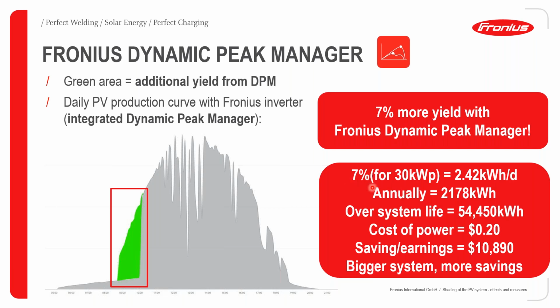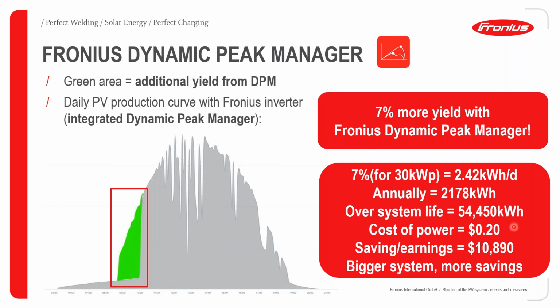So 7% more yield in this 30 kilowatt installation would guarantee you an extra 2.4 kilowatt hours per day. If you spread that over the period of 1 year, that means about 2,178 kilowatt hours.